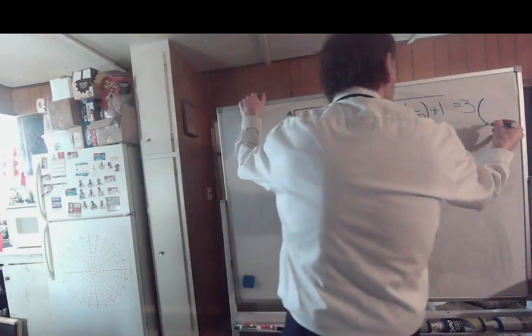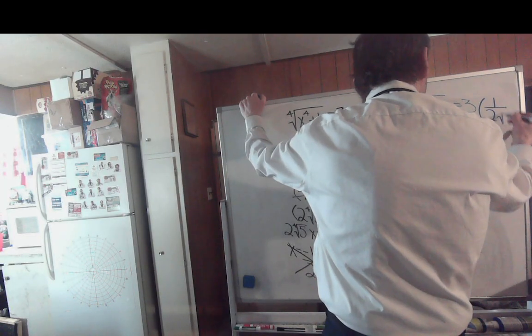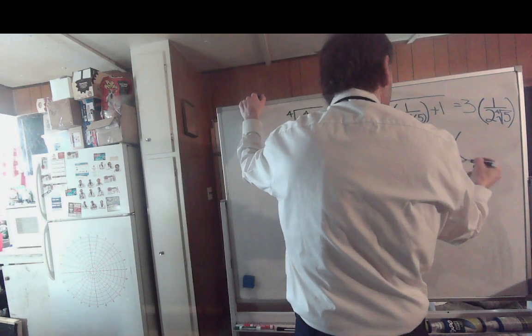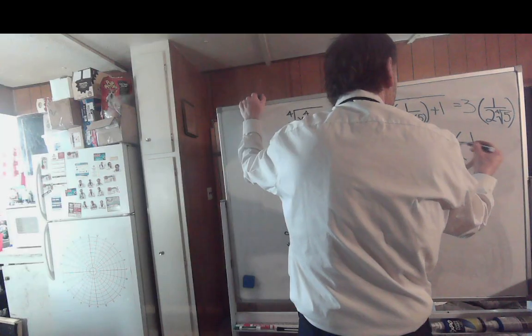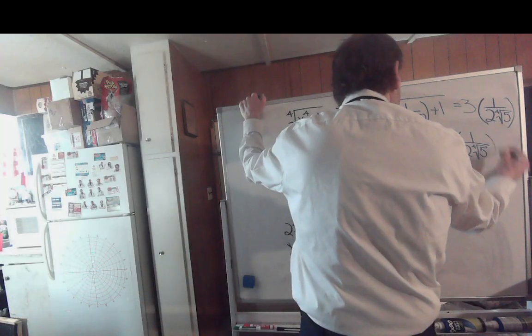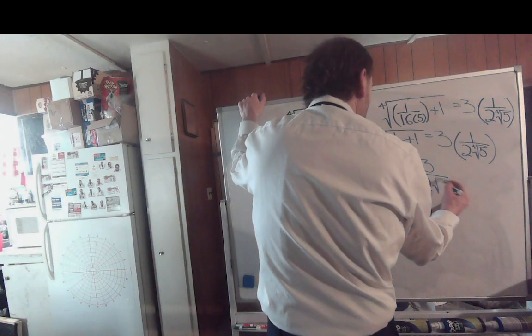Well, wait, I'm sorry. 3 times... I wish it were as simple as 3. 3 times 1 over 2 times the fourth root of 5. I knew I was forgetting something. So 3 times 1 all over 2 times the fourth root of 5. That's going to make a big difference, which would simplify into 3 all over 2 times the fourth root of 5.